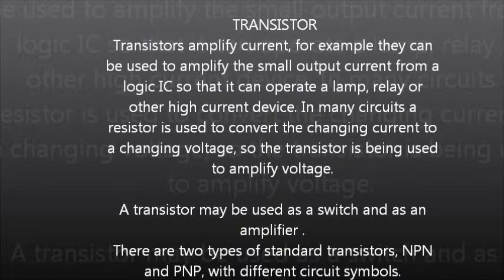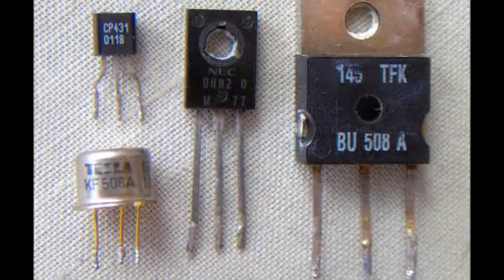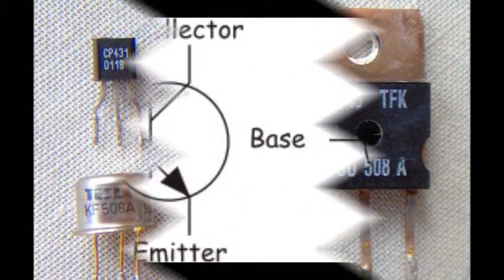A transistor may be used as a switch and as an amplifier. There are two types of standard transistor, NPN and PNP, with different circuit symbols. These are some of these. This is the schematic symbol.